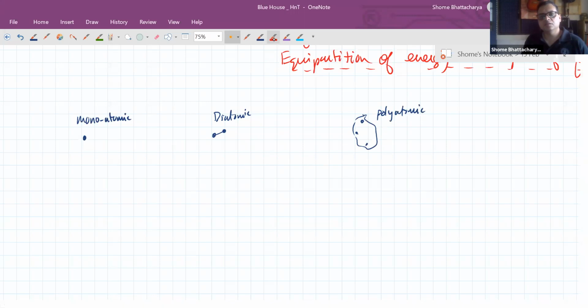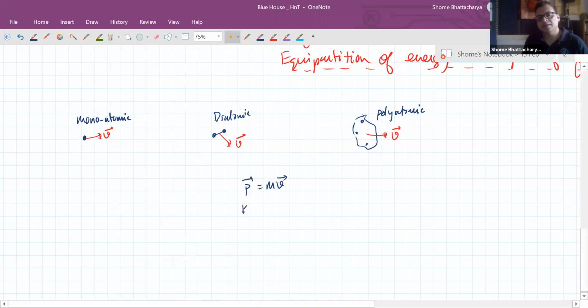What is meant by translation? Linear momentum is mass into velocity, and kinetic energy of translation is half mv square, where by v we mean the velocity of the center of mass of the molecule.